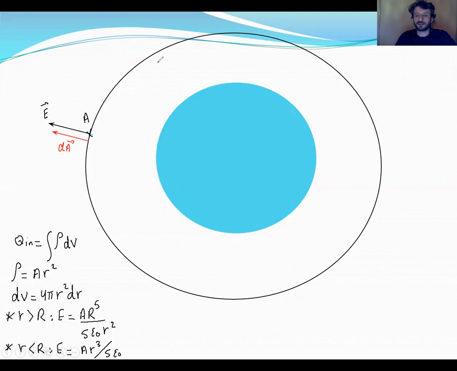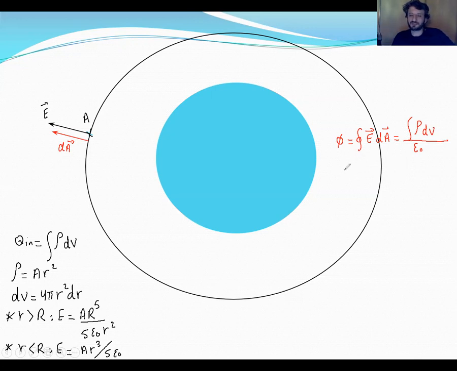Okay, in general, the flux equals the integral of E dA equals Q in, which I can say equals the integral of rho dV divided by epsilon 0.